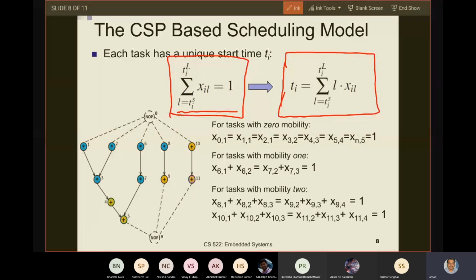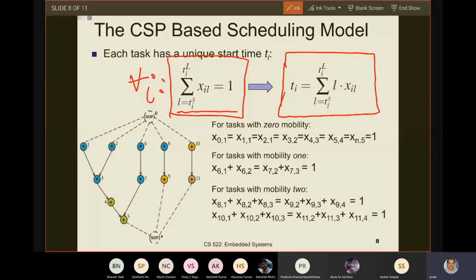So an additional thing that is missing while writing this constraint is for all i. This will be satisfied for all i. Do you get me? Because for all tasks, this constraint must be satisfied separately. It is not that it is satisfied for one task and it is done. When you are writing this constraint in your software tool, you have to write for all i, this should be true.